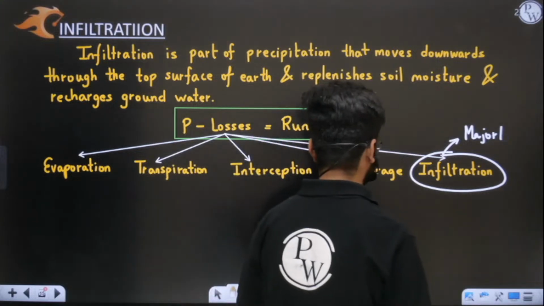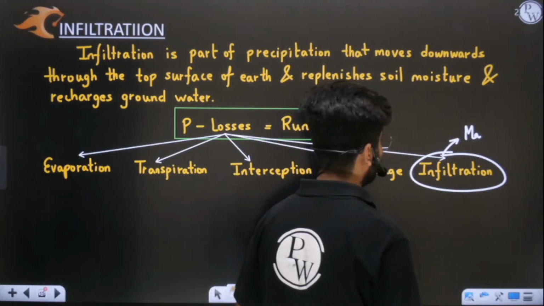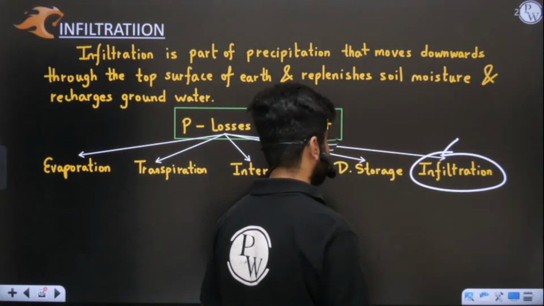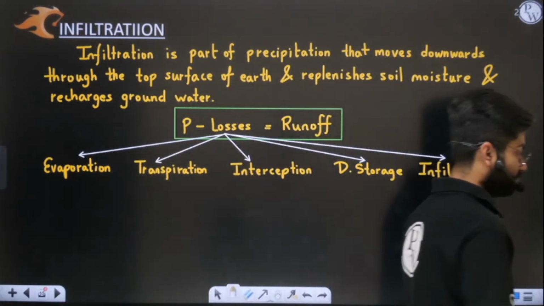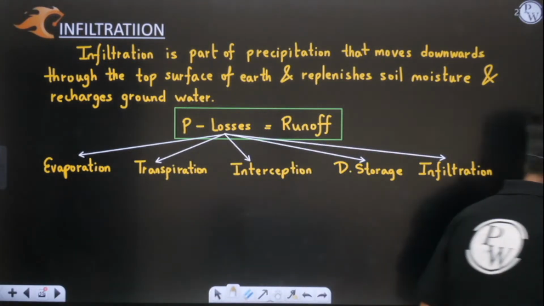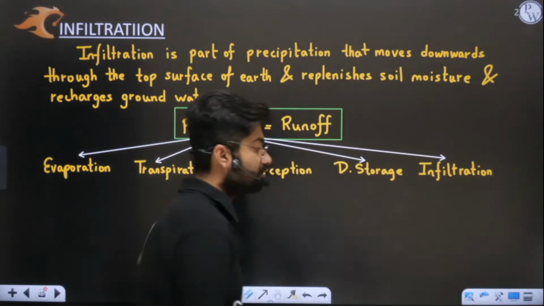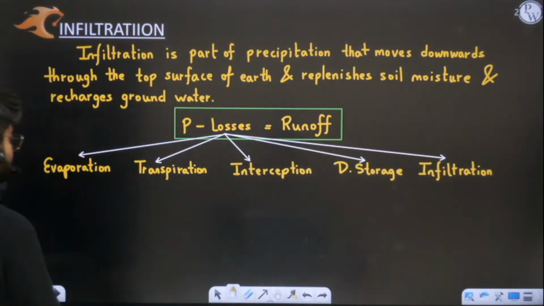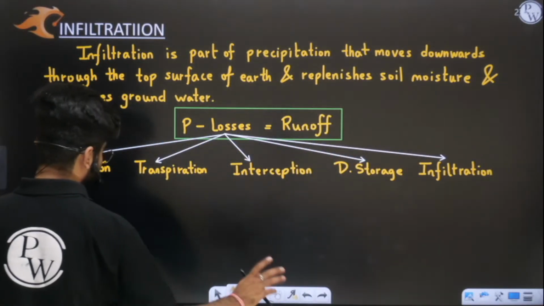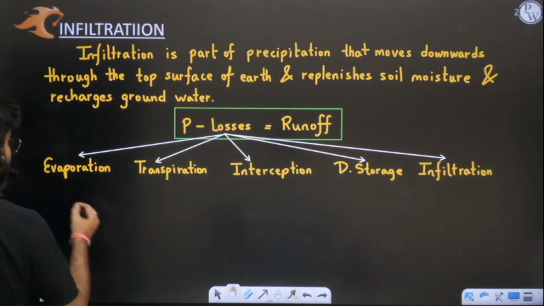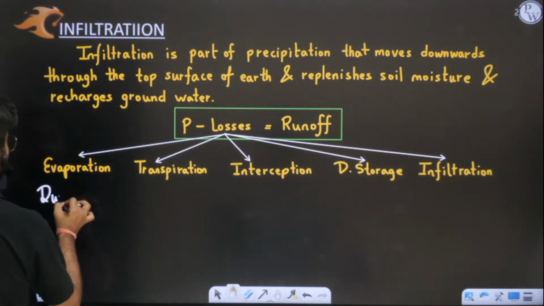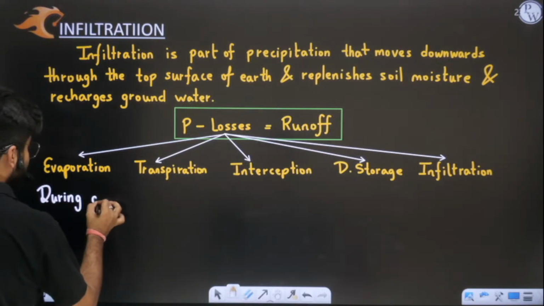So let me write one point here. Infiltration, percolation, runoff, all these things will be happening. Great answer. Okay, now let me write down one point here. During a major storm. Why am I writing major?